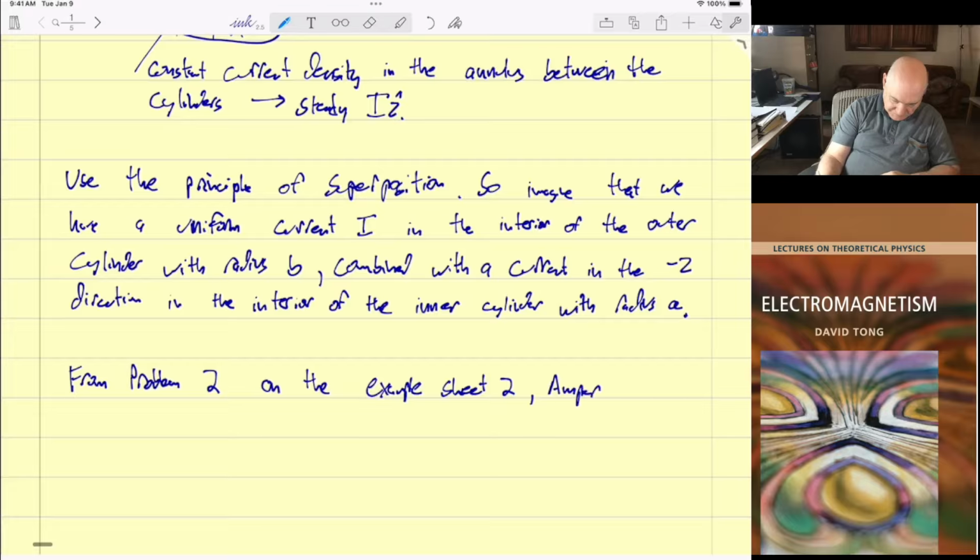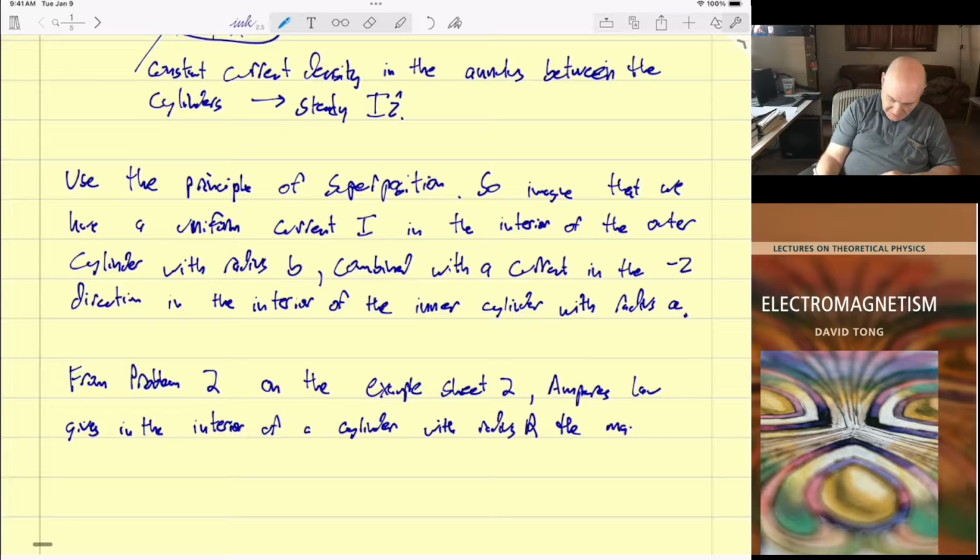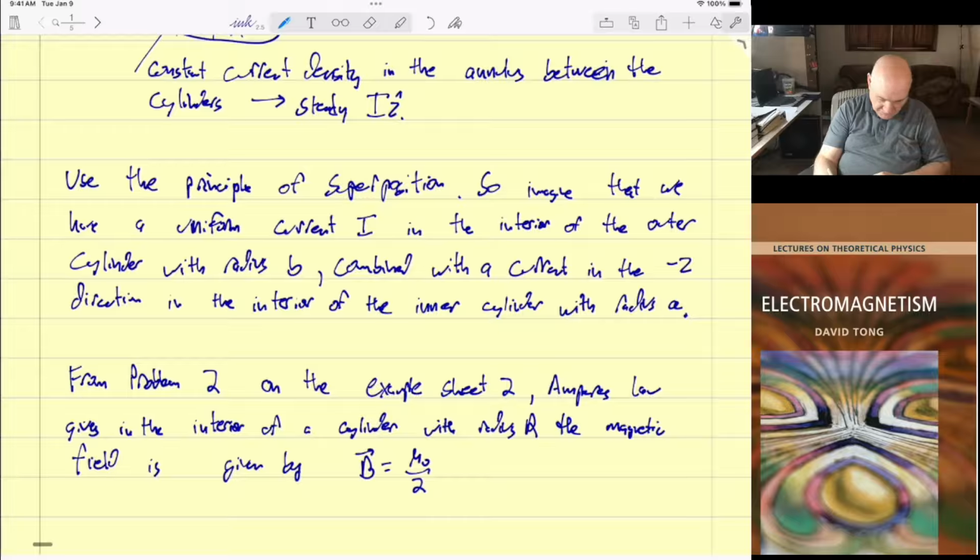Ampere's law with the symmetry gives in the interior of a cylinder with radius R the magnetic field is given by B is equal to, and unfortunately I'm using MKS units, but that's what Tong's book uses, mu0 over 2 R. R is the radius from the center of the cylinder to the point in the interior.